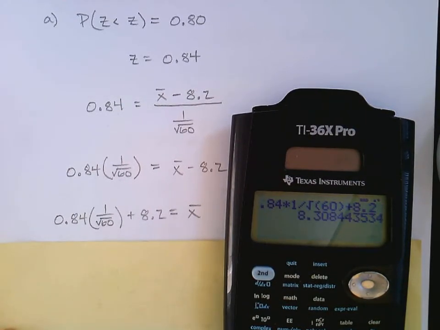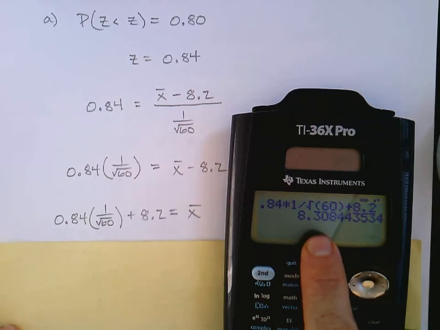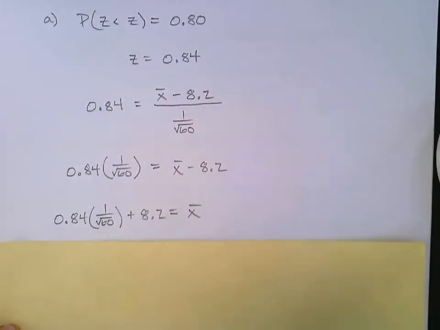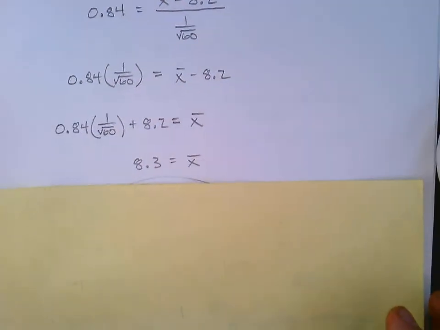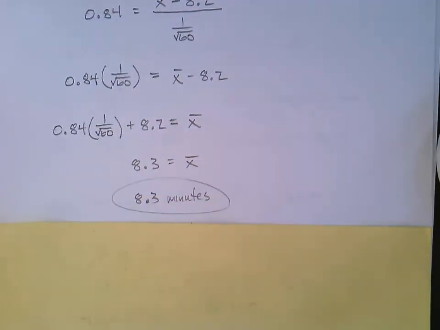Let your calculator do the rounding here at the end. I got 8.308. It said to round to 1 decimal place. So 8.3, or if you're wondering what the units are, that would be 8.3 minutes. The 80th percentile.